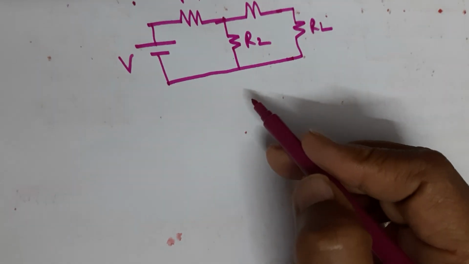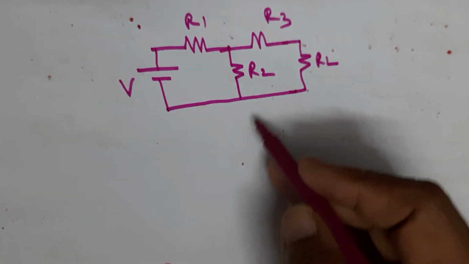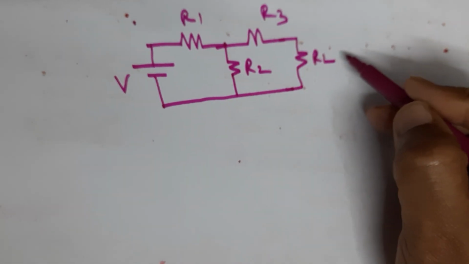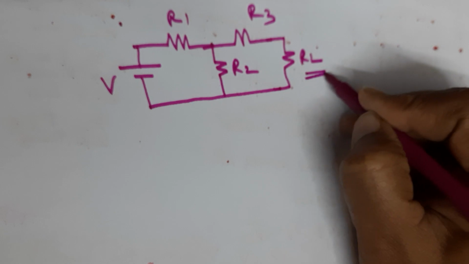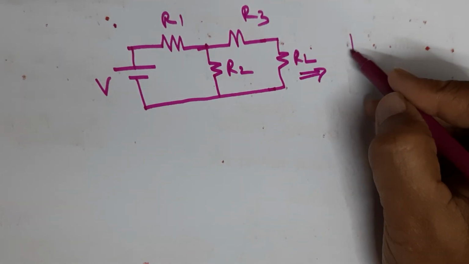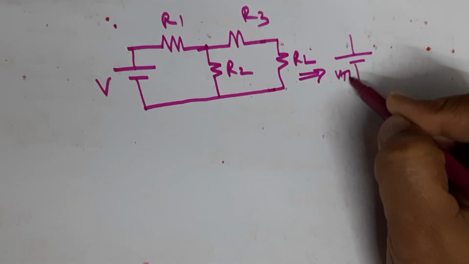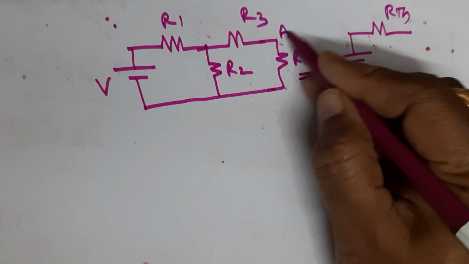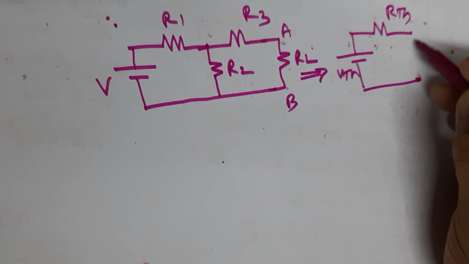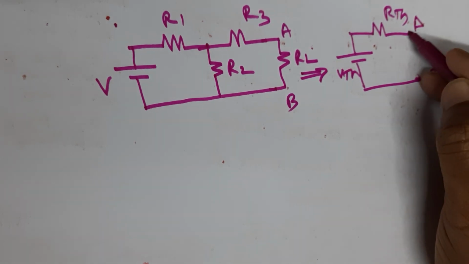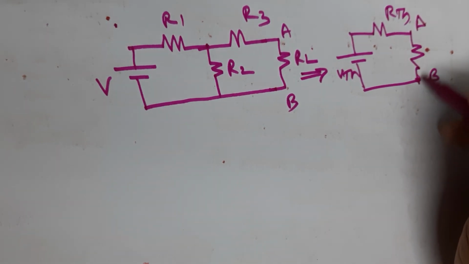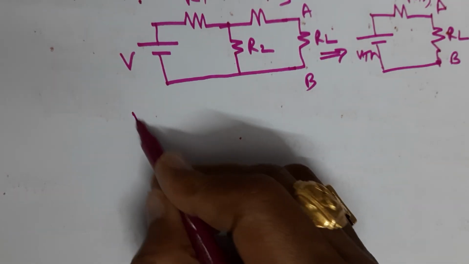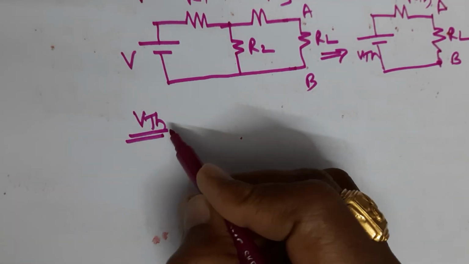Now I am just explaining the procedure of how to find VTH and how to find RTH. So this can be replaced by a single voltage source VTH and a single resistance RTH across the terminals AB. So this is the terminal AB where the load resistance is connected. Now I am explaining what VTH is and how to calculate VTH.